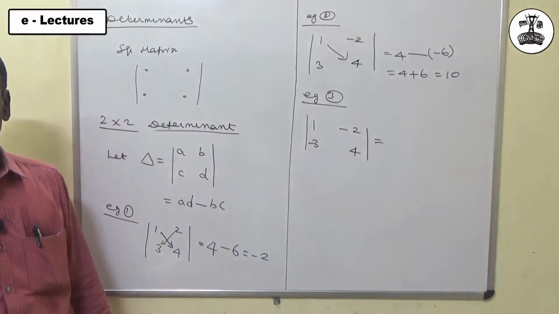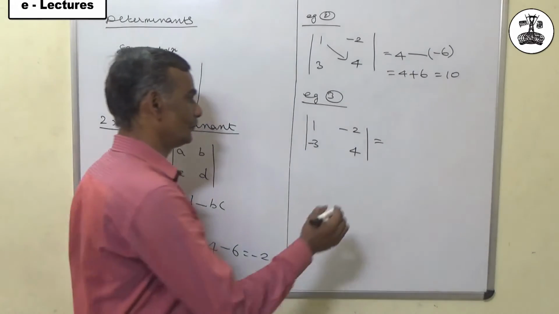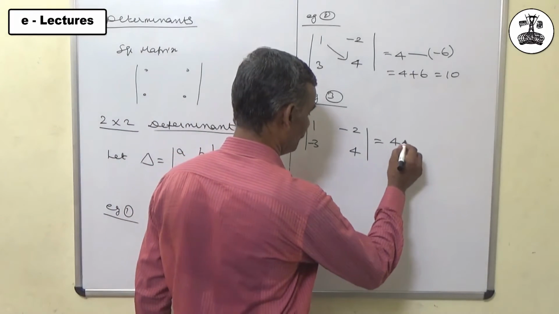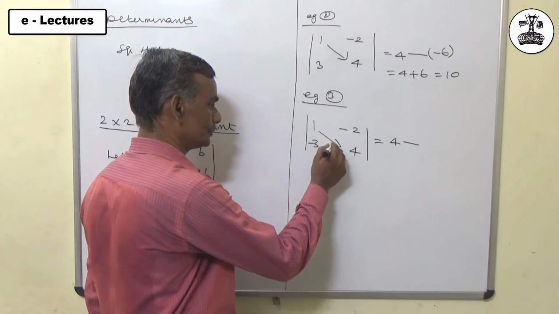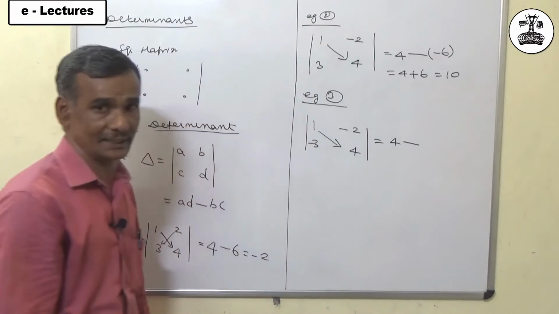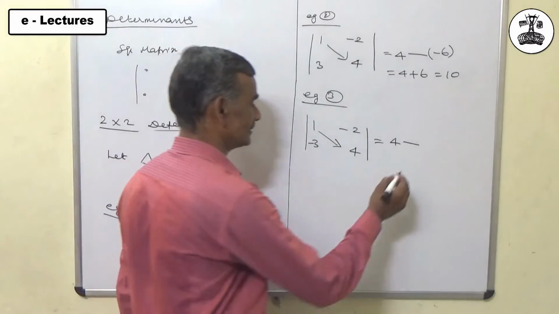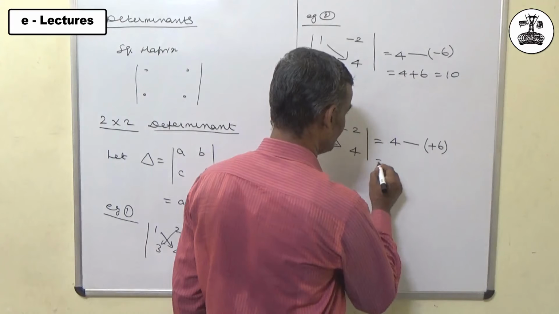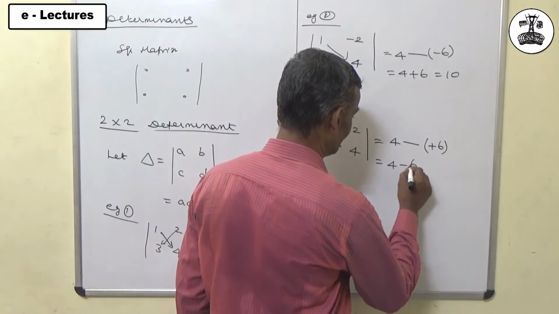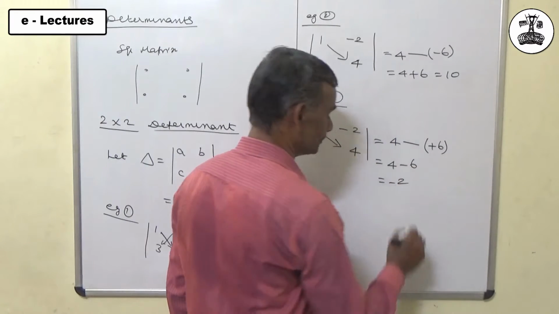The value is 4, minus sign, multiply minus 2 and minus 3, so plus 6. This is 4 minus 6, equal to minus 2.